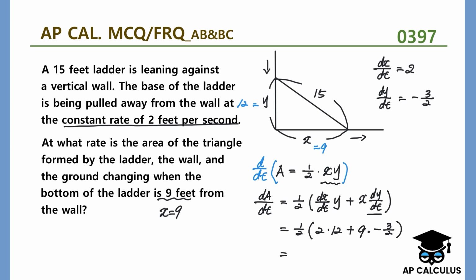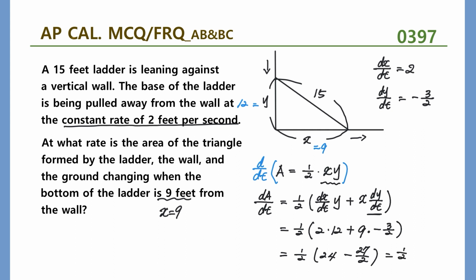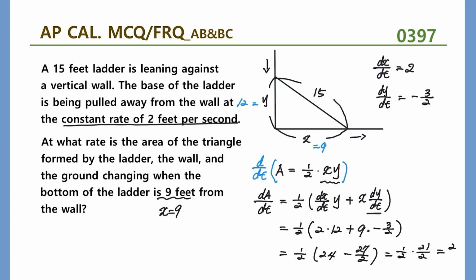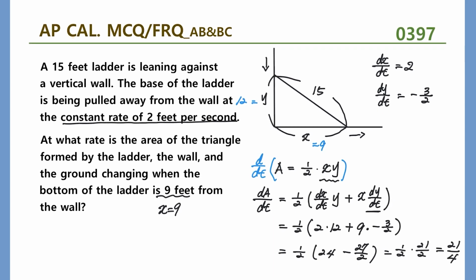So that is equal to 1/2 times 24 minus 27 over 2. So that's going to be equal to 1/2 times 21 over 2. You can use your calculator, okay? That's going to be 21 over 4.